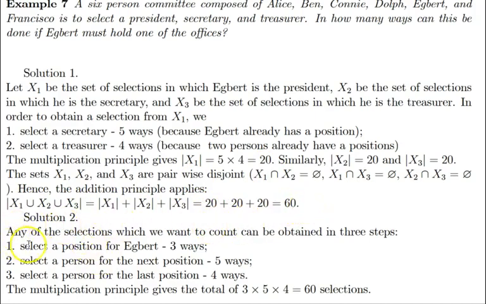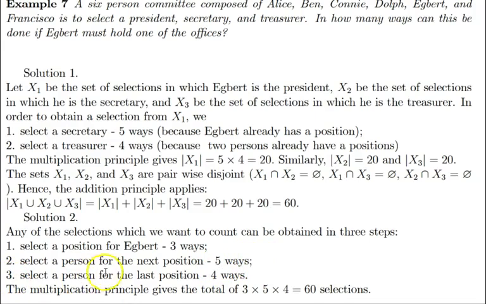Solution 2. Any of the selections which we want to count can be obtained in 3 steps. In step 1, we select a position for Egbert, 3 possible ways because 3 positions are available. Step 2, select a person for the next position. 5 persons are available, so 5 choices here.